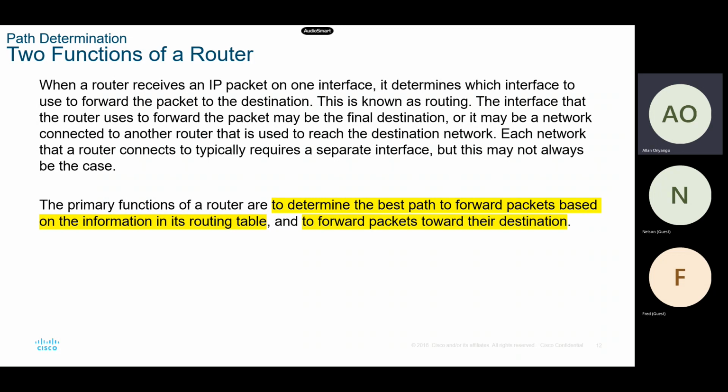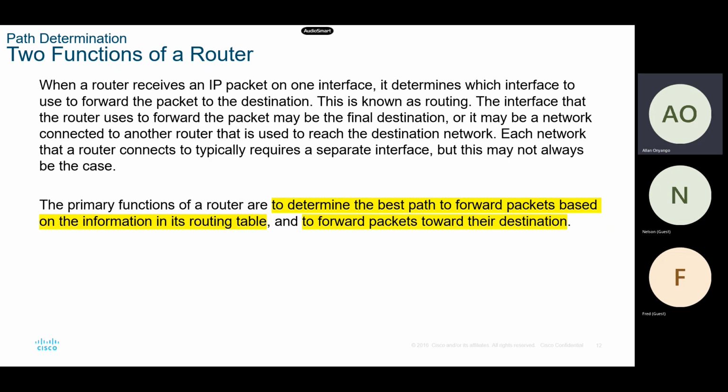Switches, the layer 2 switches, all those, they work within the same network. But a router will connect your network to another network. And so the process of forwarding a packet that is entering one interface and forwarding it to another interface, to another network, is what's called routing, okay? And sometimes where the packet is forwarded can be the final destination network, or it can be another router, which basically connects us to the destination network.